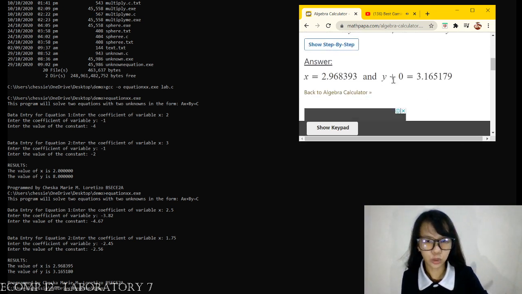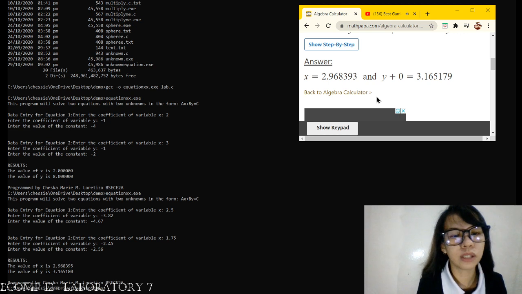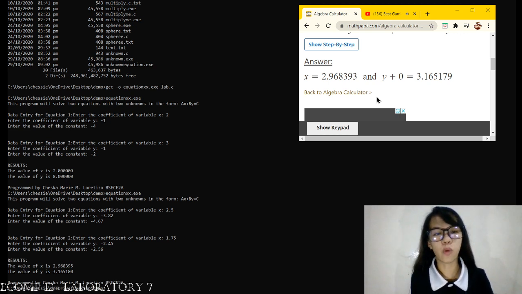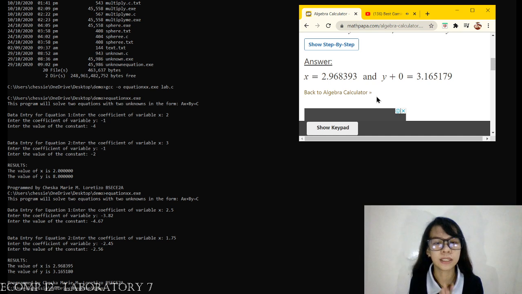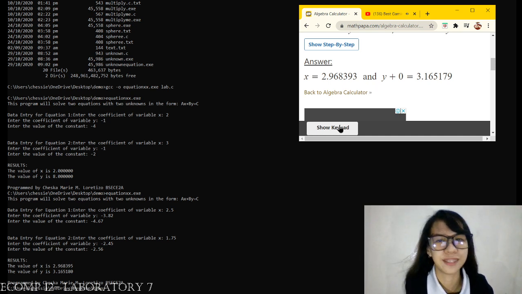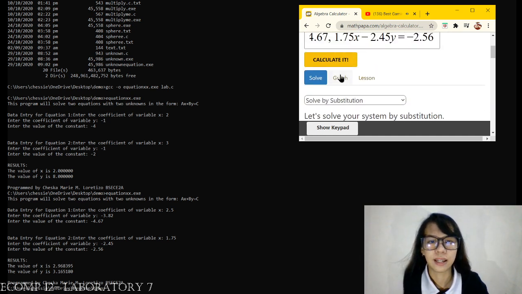Okay, we are going to calculate. And the answer is x equals 2.968390, and y equals 3.165179. As you can see, the result in the command prompt and in the manual computation is the same. Let's check it through the graph.